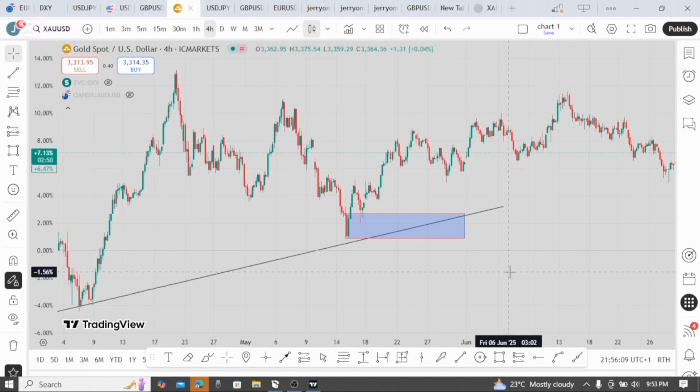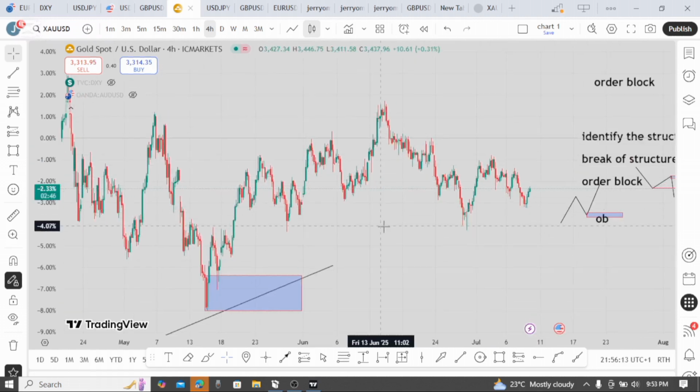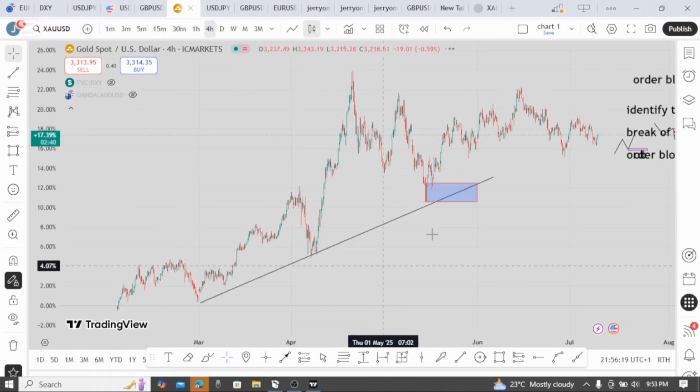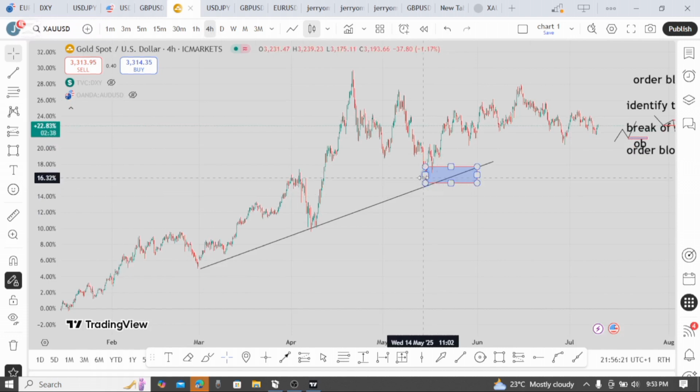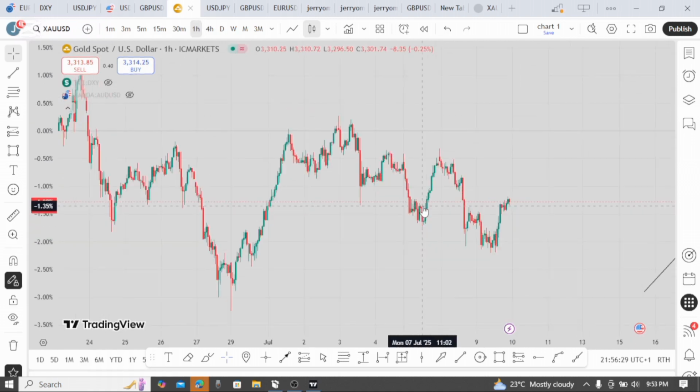Now let me look for where there is bearish structure also. You see it here, what I said now in the bullish, the last sell candle is our order block. So let me look for bearish market structure. Now here has been going bearish.